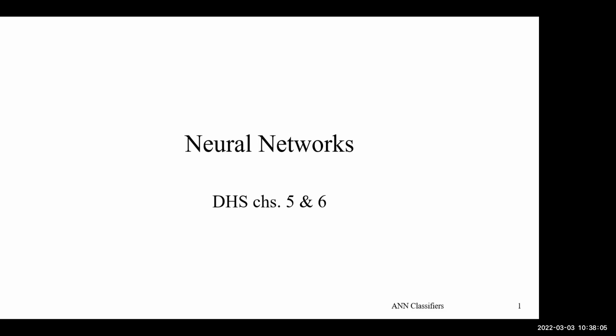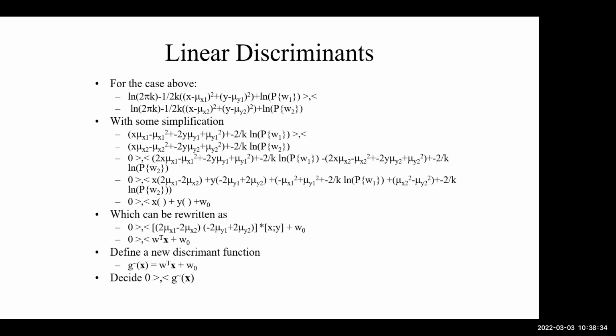Neural networks can do many good things, so I'm not debating that, but there's still a lot of hype. This is covered in your textbook, chapters 5 and 6. So that's where you should be spending your time this weekend studying to read. I will get the Canvas updated. I'll add parts of these slides later today, and I'll add other stuff on Canvas for neural networks. And if I don't, remind me, okay?